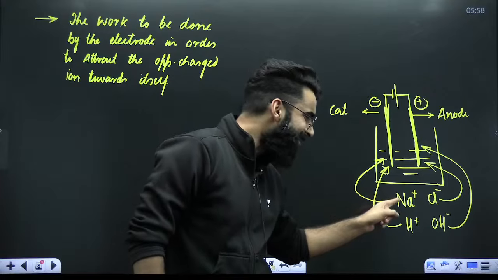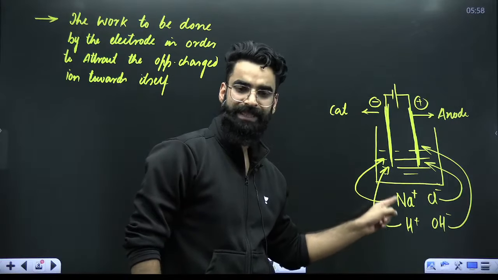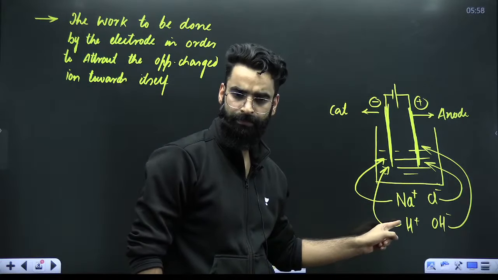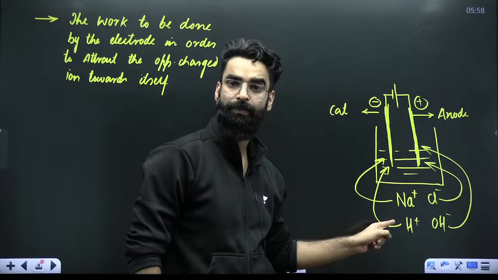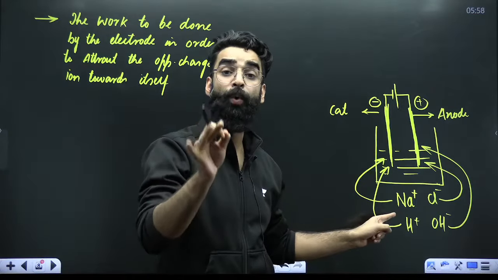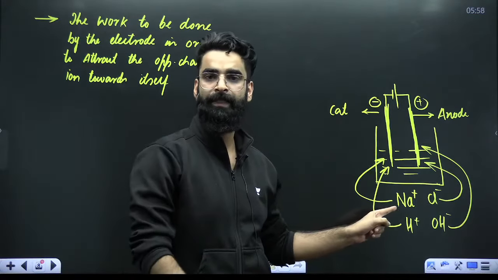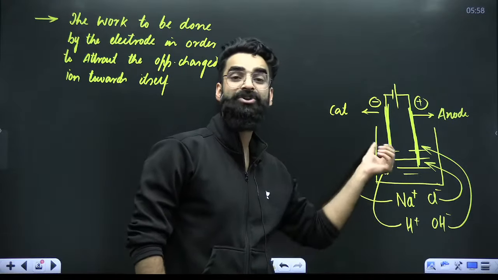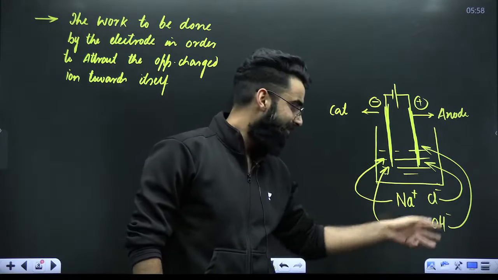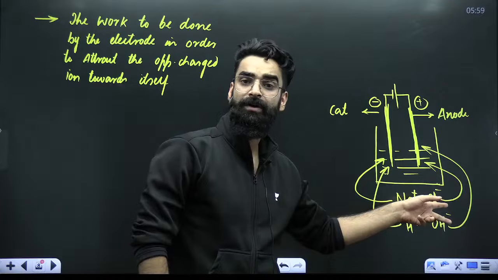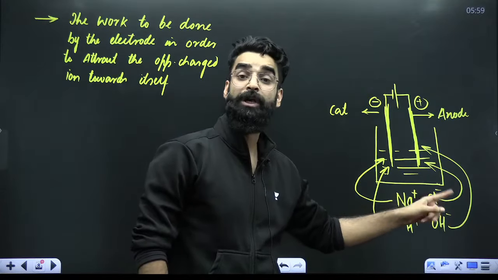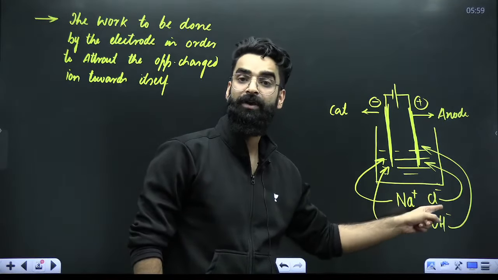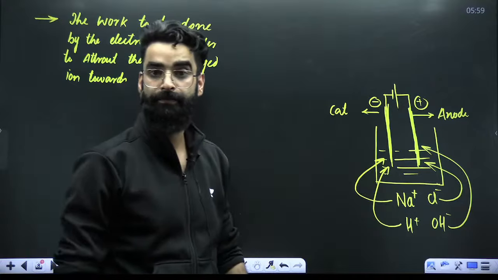Let me tell you that the cation among the two which has lower discharge potential will undergo reduction. The anion among the two which has lower discharge potential will undergo oxidation at the anode.